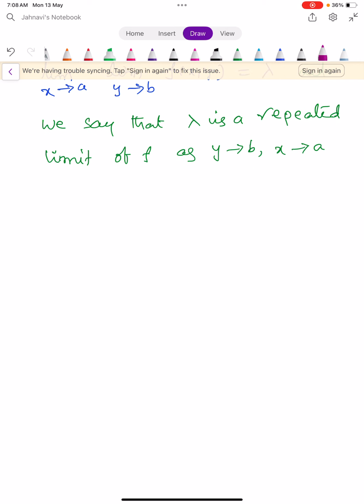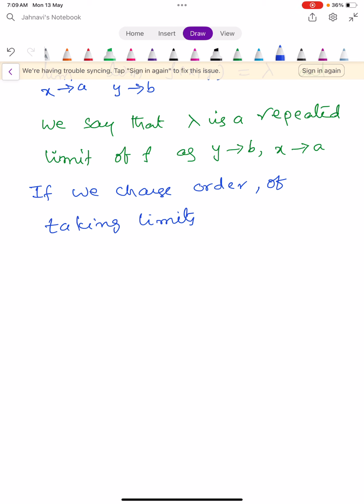If we change the order of taking limits, we get the other repeated limit.